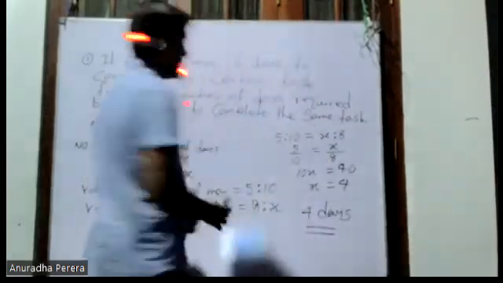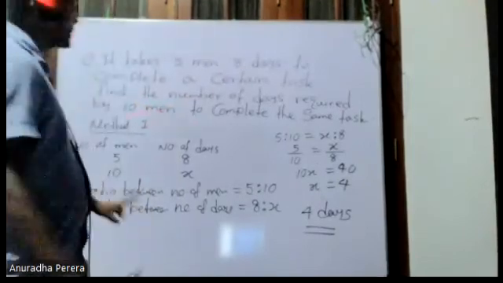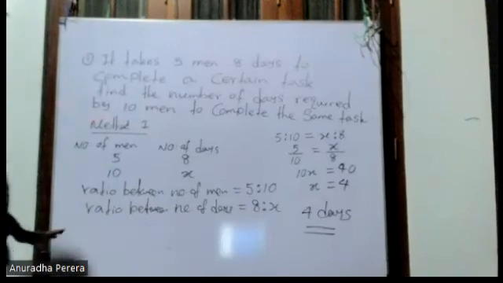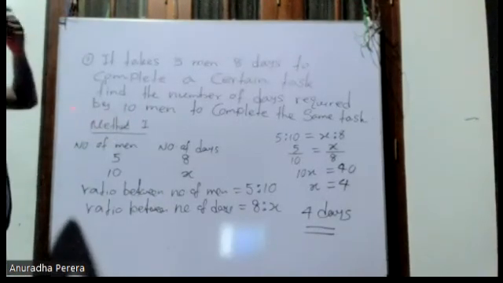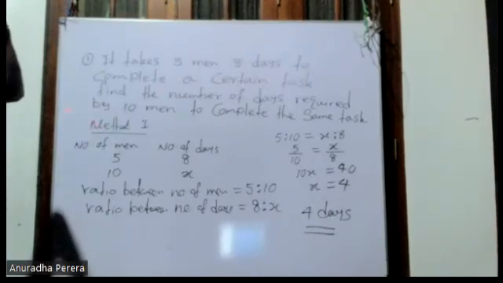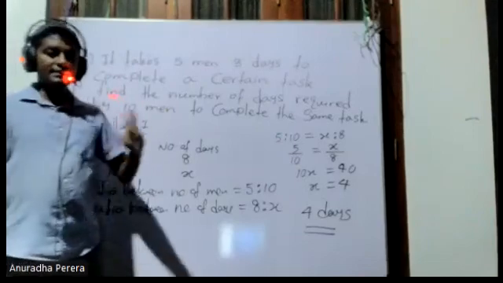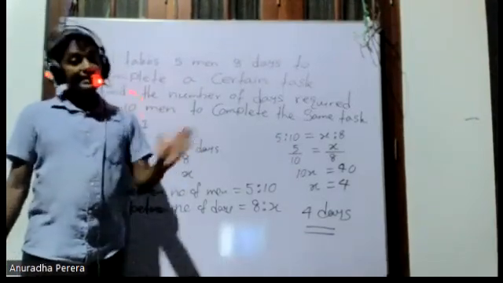There are two more methods, but I will not discuss them today. Ask about them in other problems. Then separately you can take the ratio between number of men and number of days. But this is a sum relevant to inverse proportion. When one quantity increases, the other decreases.